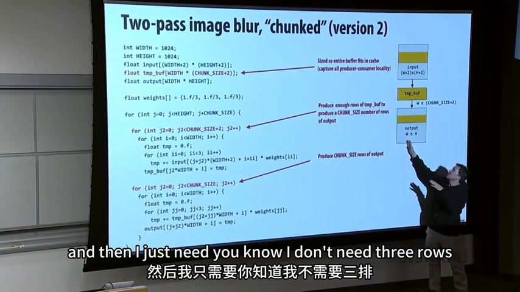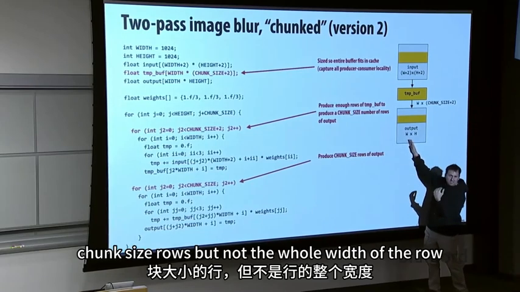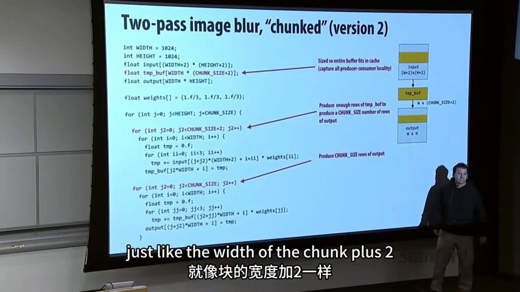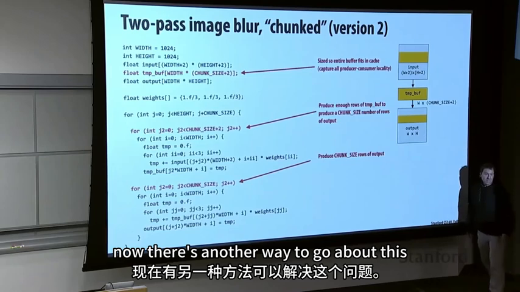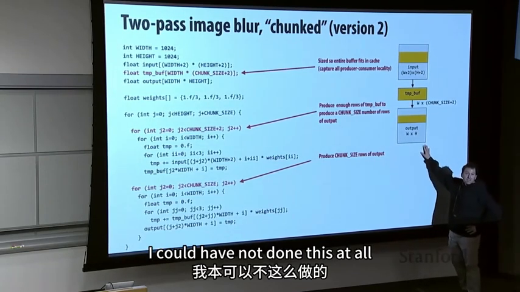And then I don't need 3 rows. I need chunk size rows, but not the whole width of the row, just the width of the chunk plus 2. Now there's another way to go about this that suggests the sequential thing. I could have not done this at all.